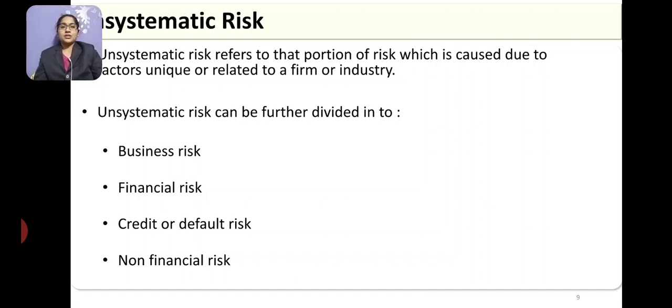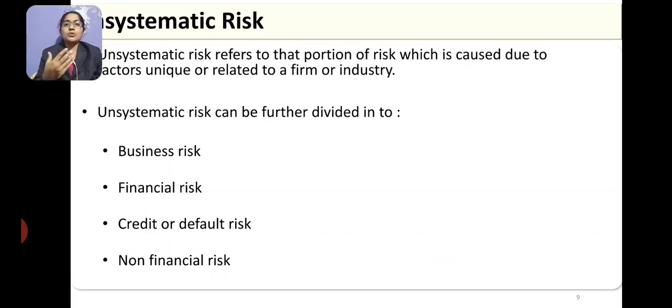The non-financial risk, as I was talking about the cigarette industry, the policy might have changed specific to your industry, or the consumers' preferences might have changed, or like today we see so many products which are outdated. Earlier we had a tape recorder, now there is no tape recorder, isn't it? And then CDs came, today there is no CD, isn't it? Then Blu-ray disc and so many things came.